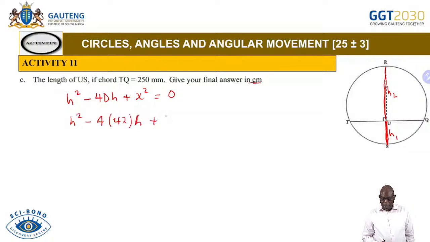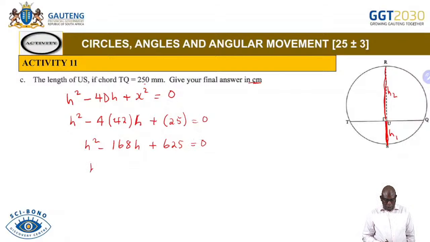My x squared, I know, because then it's going to be 250. Remember, I'm dividing that by 10 to get to centimeters. So now that equals 0. Then I'm going to get h squared minus 168h plus 625 equals 0.